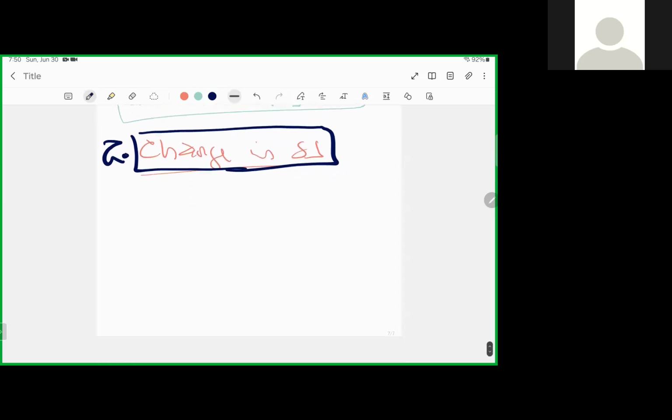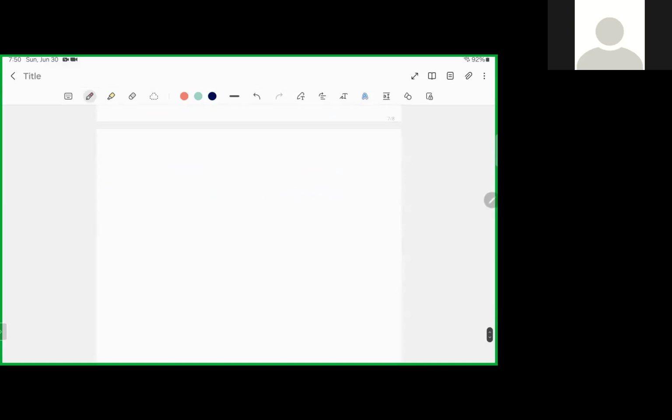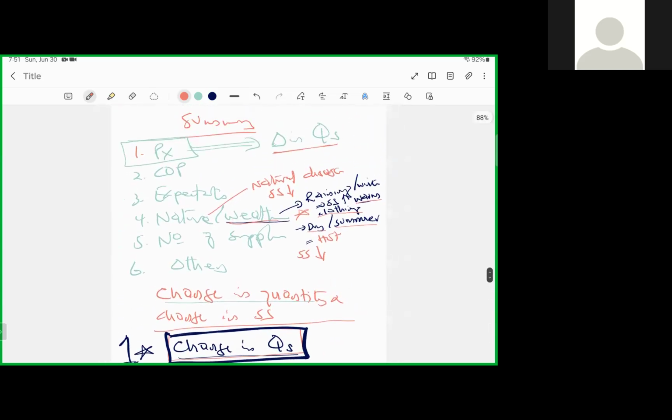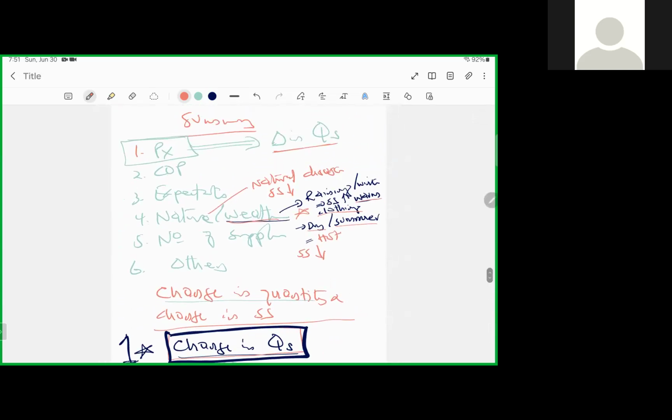Now, for the change in supply, let me move to the next page so I can do it properly. For the change in supply, we're basically looking at changes in the supply of a particular good as a result of other factors that affect supply beyond price.